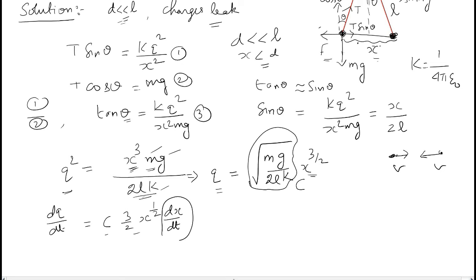But you see, this is velocity v, velocity of approach. This is also a constant. Don't forget this. So you can consider this as, say, some constant a. So from this you get a is equal to c, which is one constant, into 3 by 2 into velocity into x power half.